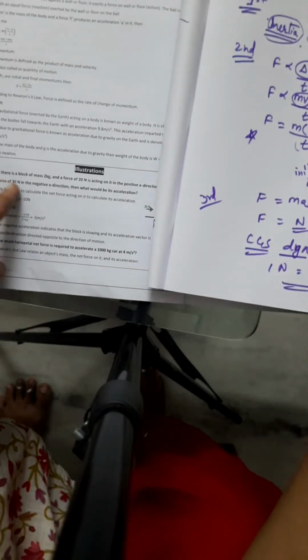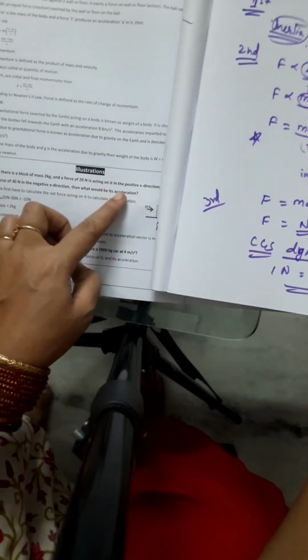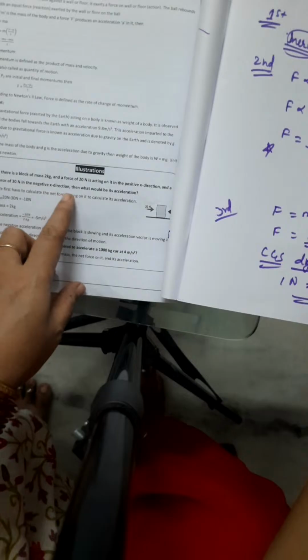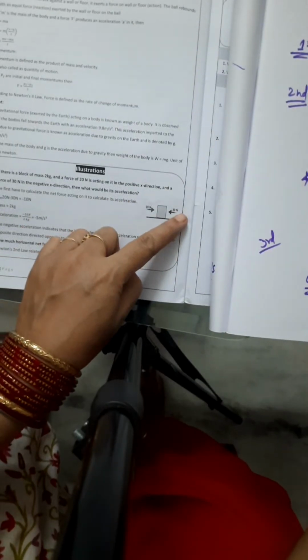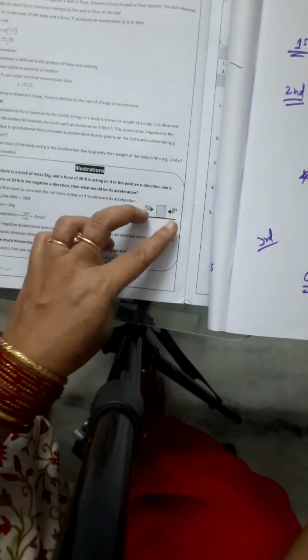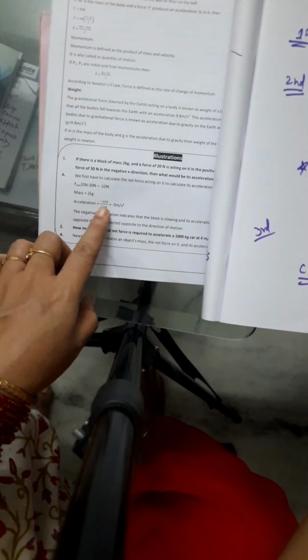Now the next question. Here it's given, there is a block of 2 kg and a force of 20 Newton is acting on the positive x-axis, and a force of 30 Newton is acting on the negative x-axis. What would be the acceleration? From one direction there is 30 Newton, from the other direction there is 20 Newton. So there is a difference in the force, 30 minus 20, which is 10. So the net force is 10 Newton.